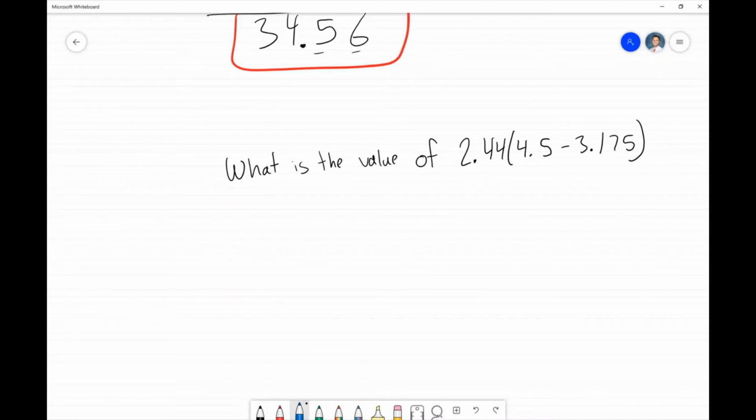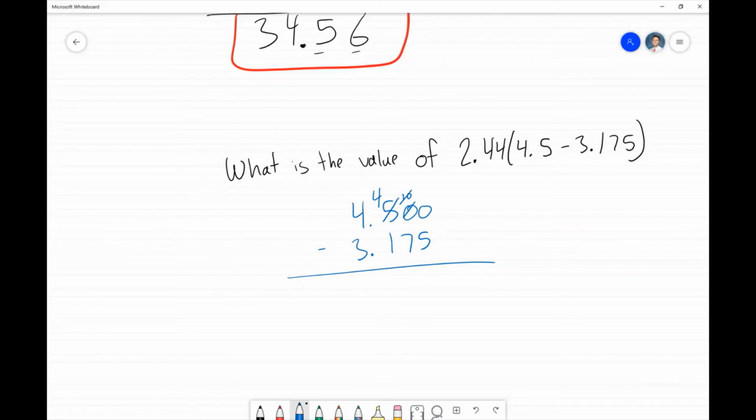So we start with our subtraction. 4.5 minus 3.175. We need 2 zeros here. Now we can't subtract 5 from 0, and there's nothing here from this 0 to borrow. So we'll start here with the 5. We're going to regroup, so that becomes a 4. And now we have 10 here.